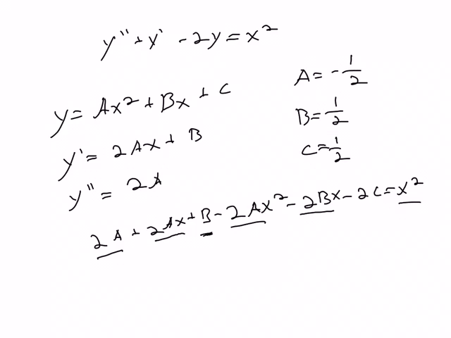Let's see, let's plug this in. So I'm going to have negative 2 over 2 plus 2, so minus negative 2 over 2x plus a half, minus, so then plus x squared minus just x, and then minus 1, yeah, minus 1.